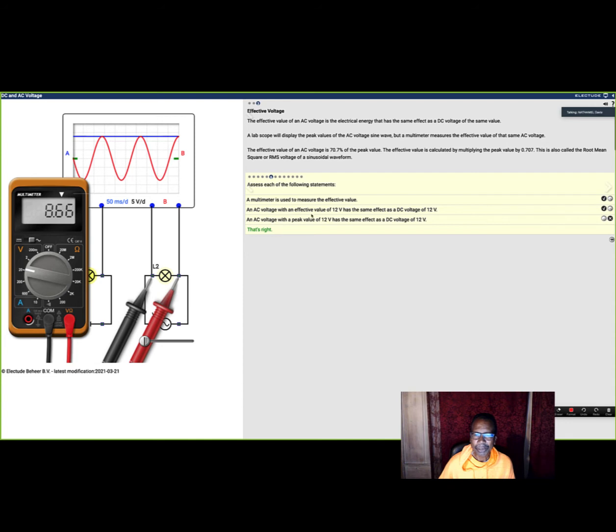An AC voltage with an effective value of 12 volts has the same effect as a DC voltage of 12 volts. An AC voltage with a peak value of 12 volts has the same effect as a DC voltage of 12 volts.